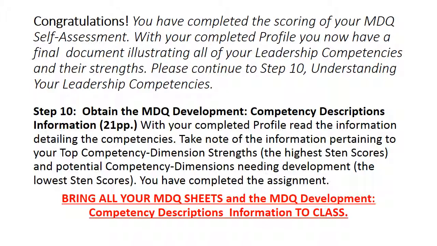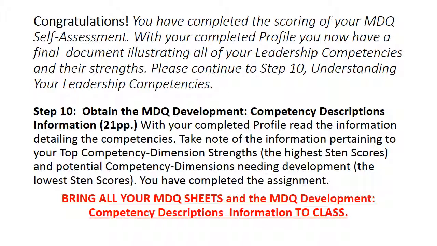In step 10, you'll just take your profile with all the circled dots now and all the competencies and their short descriptions on that document, and you will read the information in this packet of 21 pages, which will give you more detailed information about the competencies.